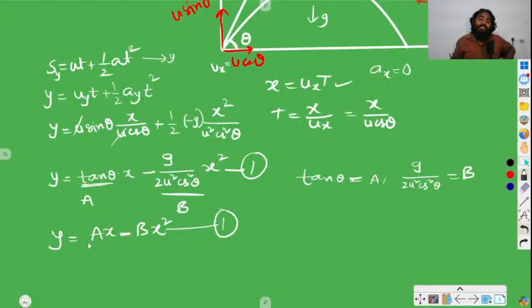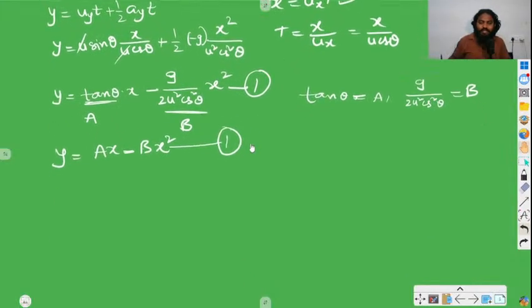If you get y is equal to ax plus bx square, it is like this parabola equation, but we are getting here minus bx square, so it represents the reverse parabola, right? On this equation there are n number of questions asked in NEET and JEE Mains and Advanced as well, right?